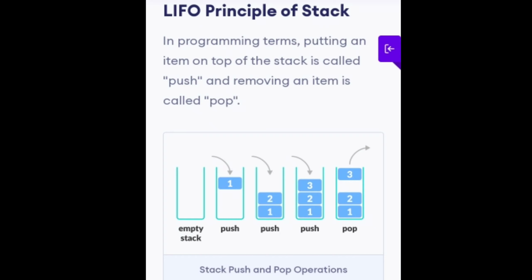When we add the second element, it comes just above the first one, and the third one likewise. Taking out an element from a stack is known as the pop operation, and from the figure we are taking out the last inserted element, that is the third element, and then the second one is the topmost one. This is the push and pop operation in a stack.